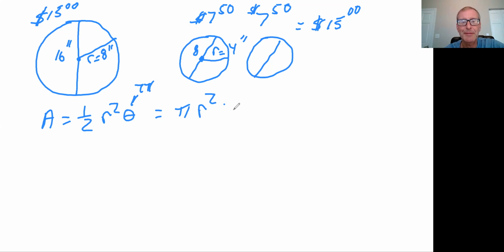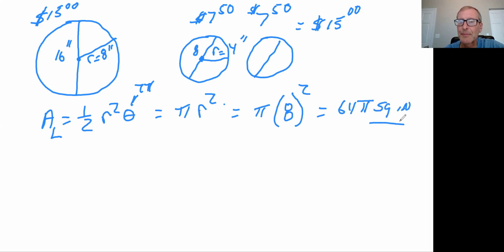So let's plug these in. For the large one, let me put L down here. We have pi times 8 squared, so that would be 64 pi square inches. If you plug that into your calculator, that's about 201 square inches.